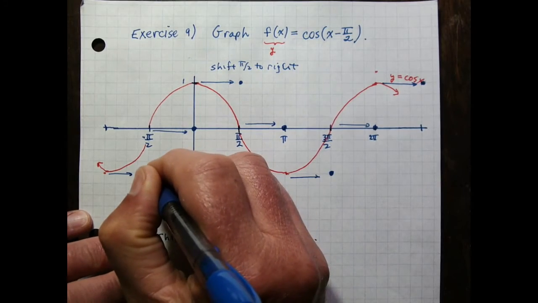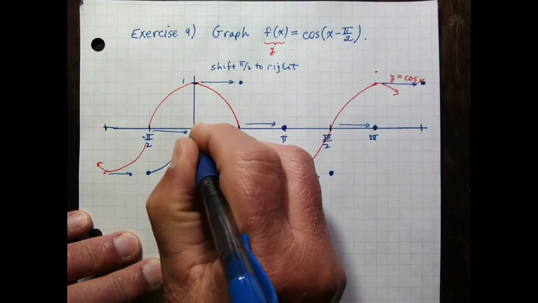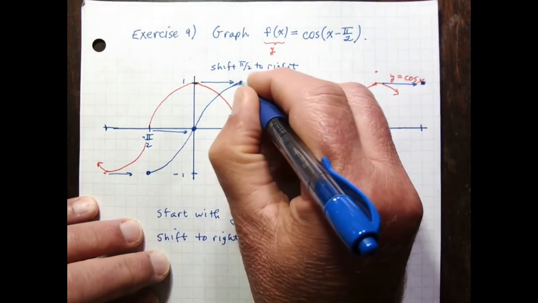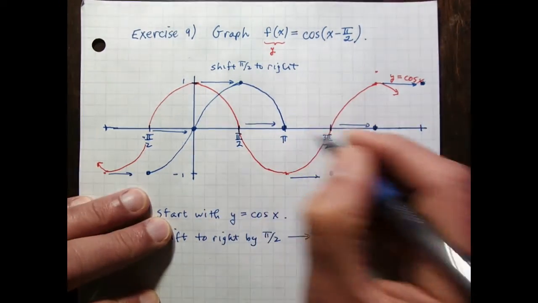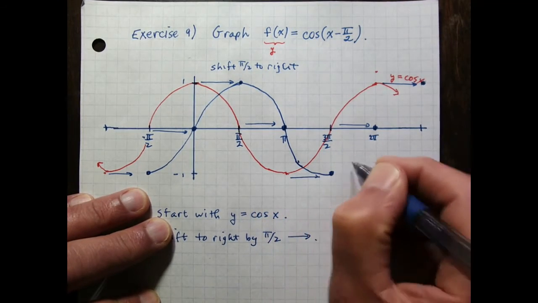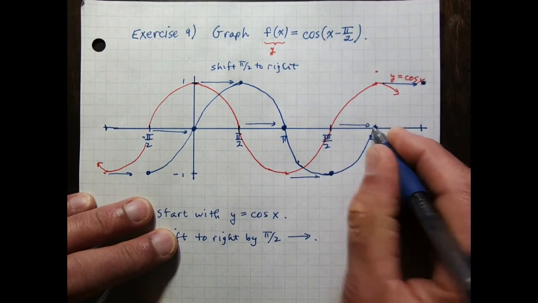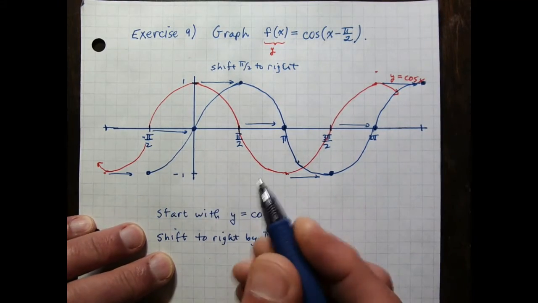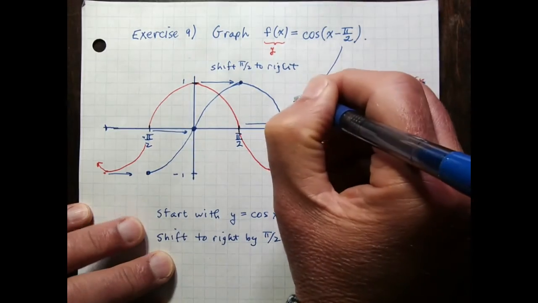So the curve that I get is going to look like this. And the blue graph should look familiar.